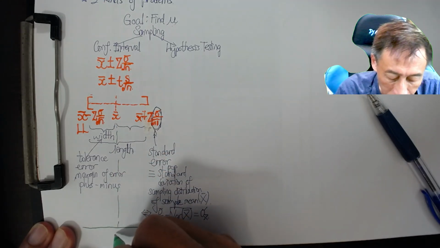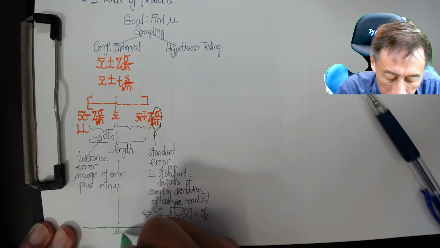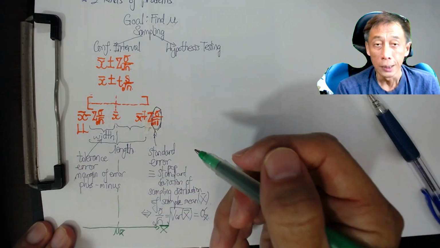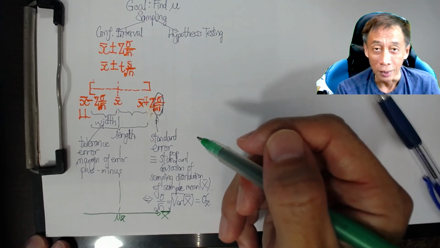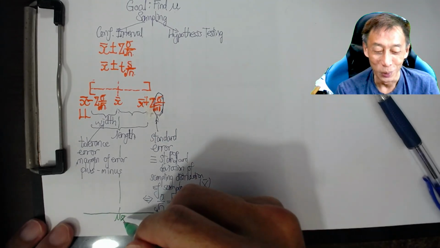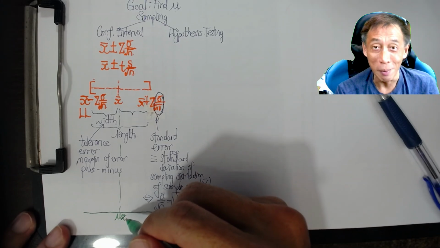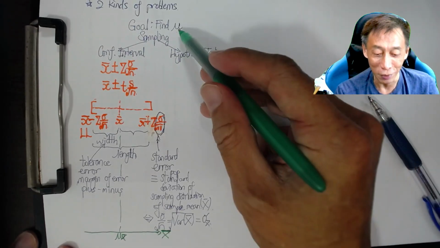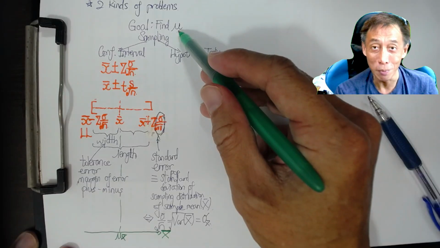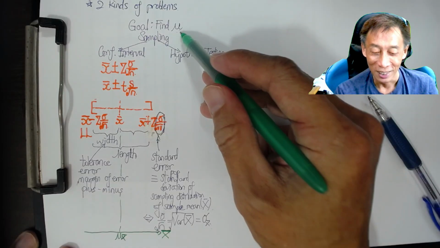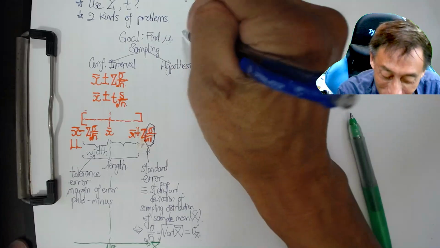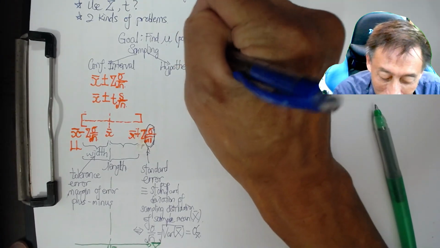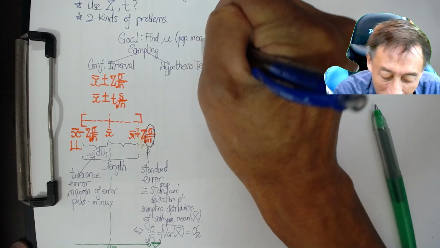This is supposed to be mu X bar, but for lack of the ability to know mu X bar, remember, this is the population mean of X bar, we're trying already very hard to find or estimate the population mean of X itself. So why are we trying to give ourselves even more trouble, more work, right?